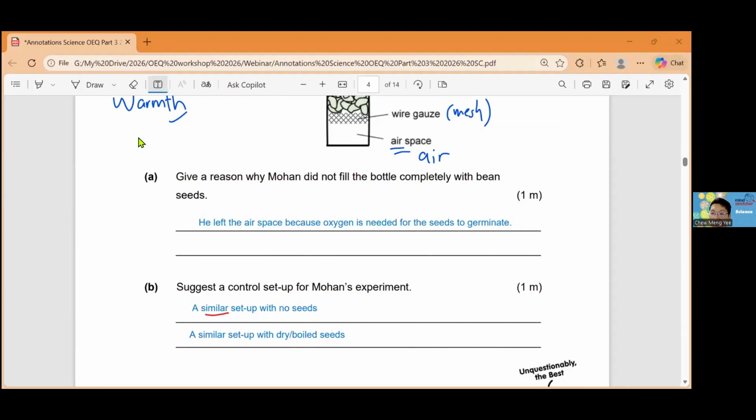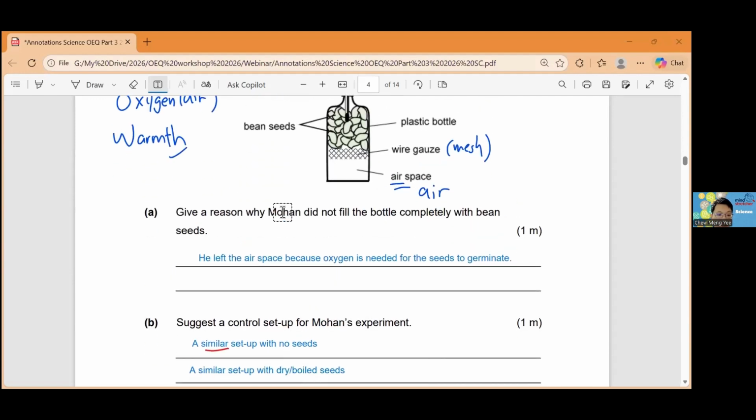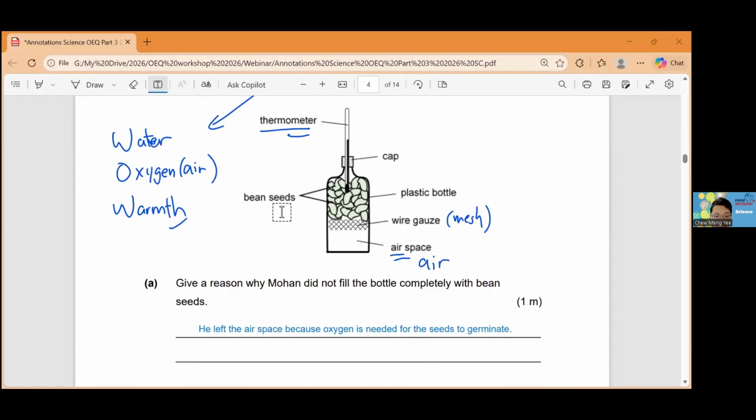Okay. I answer the important question only. Write down everything in the control setup. Okay, your science teacher tells you to do that. Yeah, you can follow the teacher, but I would say it's not necessary, because if they give a very complicated setup, how are you going to clearly state all the things that are there?